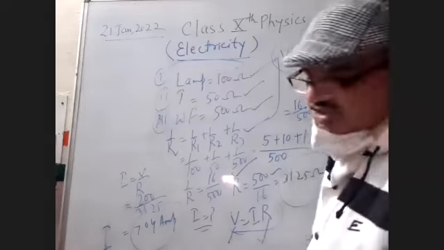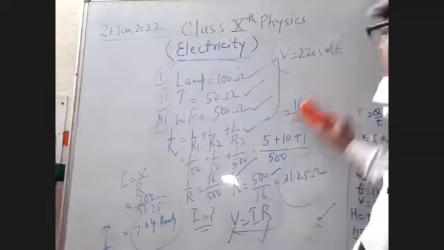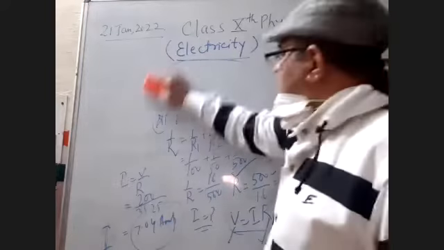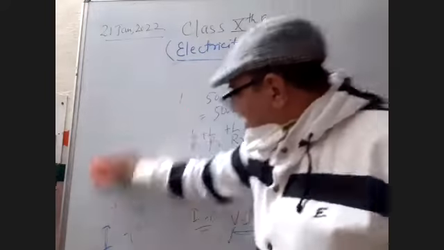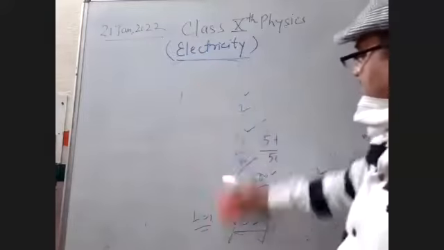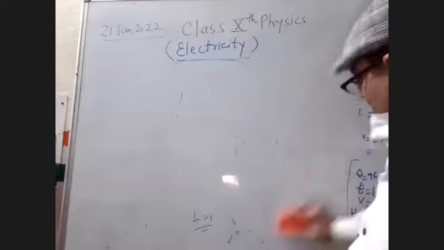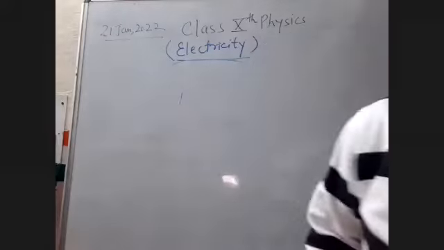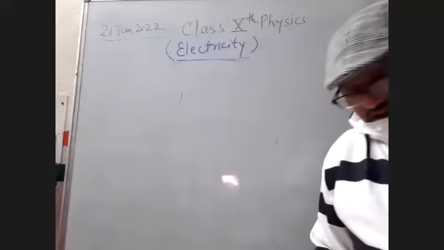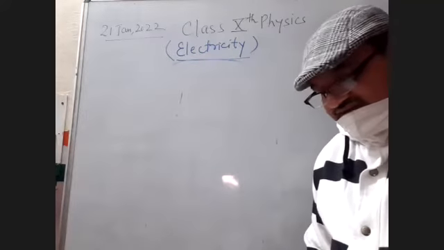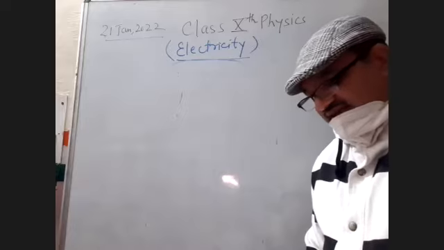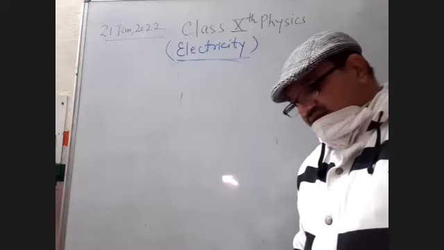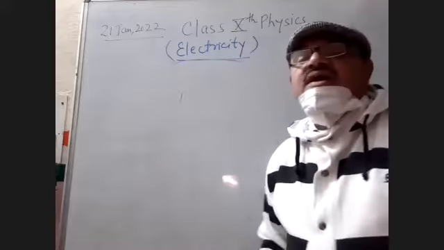Now we'll switch on to question number 3 of your NCERT on page number 216. Clear, students? I read out the statement of question number 3. It says, what are the advantages of connecting the electric devices in parallel with the battery instead of connecting them in series?